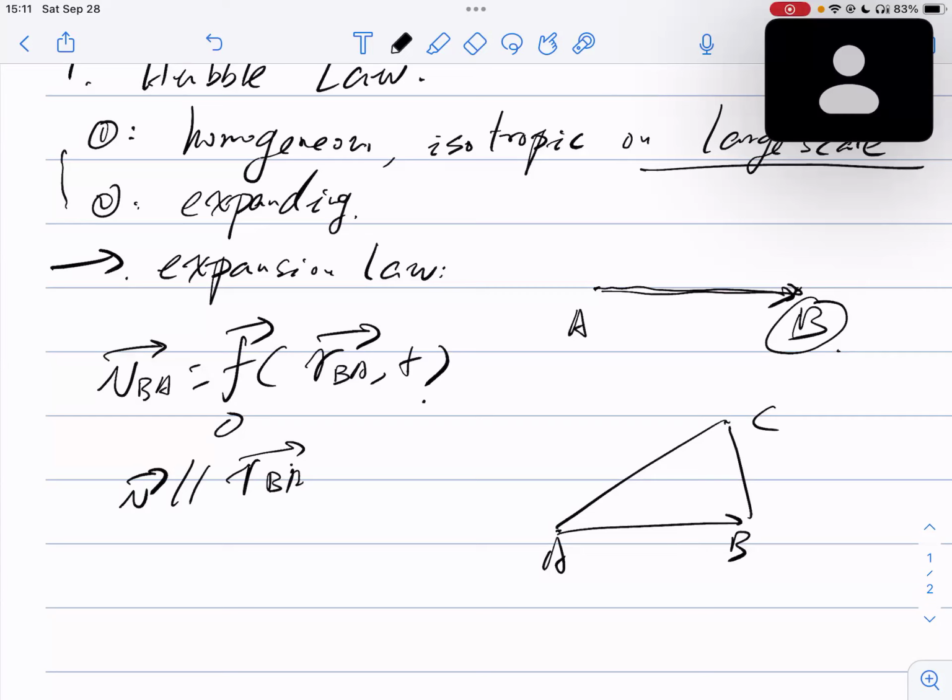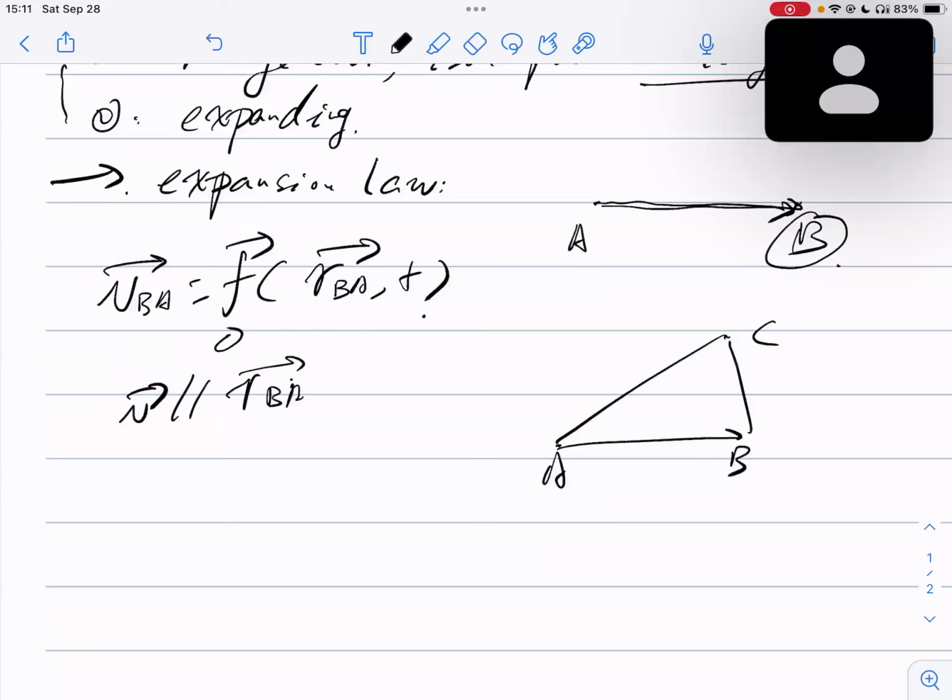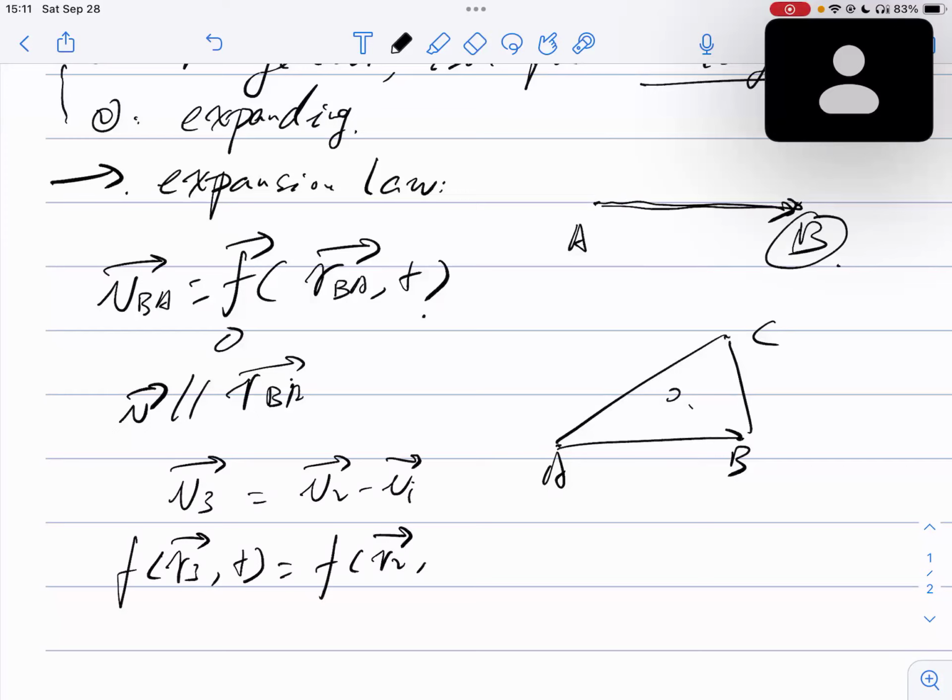So we can use this equivalency to construct an important property of this expansion law. If V3 equals V2 minus V1, then f(R3) equals f(R2, t) minus f(R1, t).